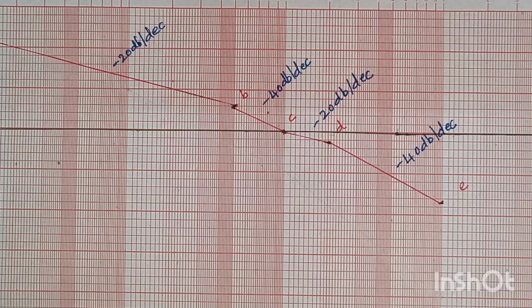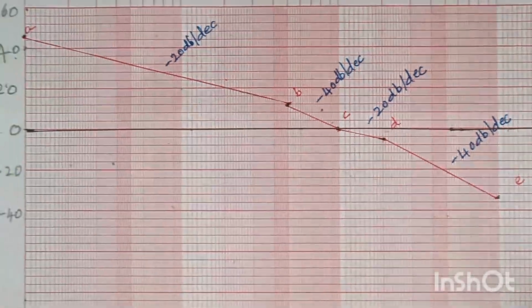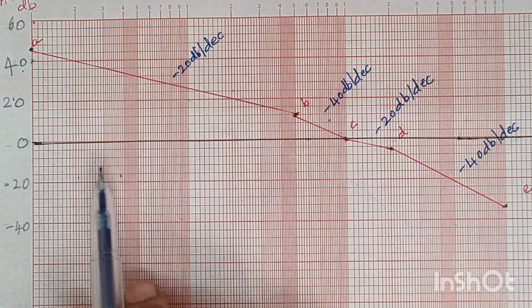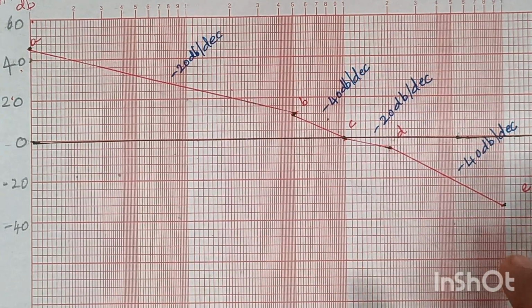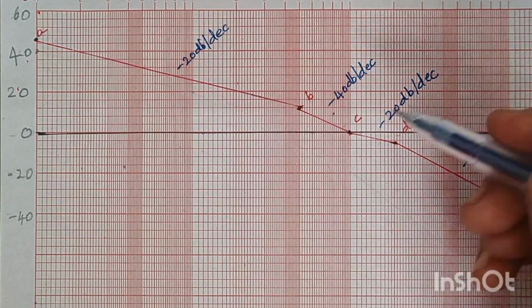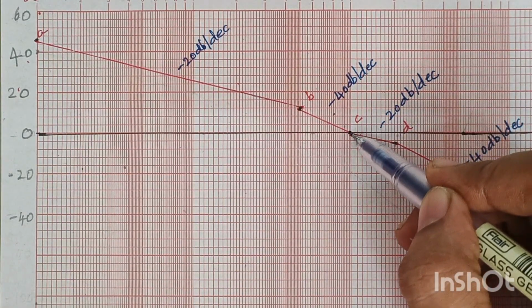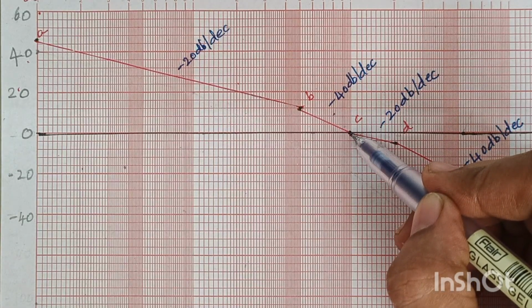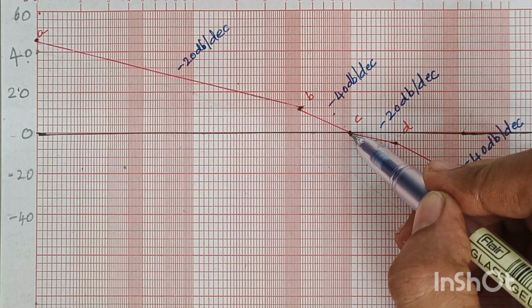So how to calculate the gain crossover frequency? You see our magnitude plot is cutting the 0 dB line at a particular point. Can you see here? So at this point, what is the frequency? That respective frequency is known as gain crossover frequency, right?